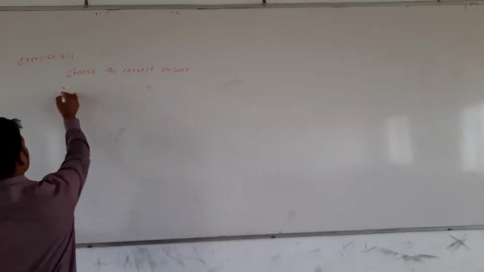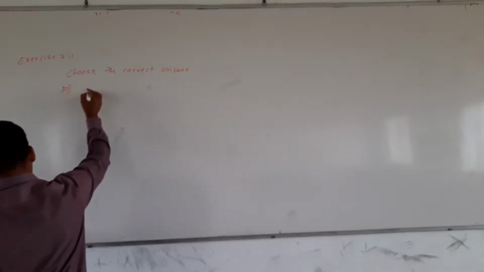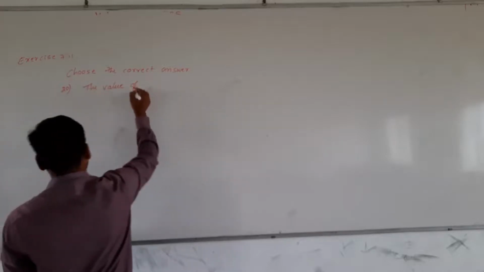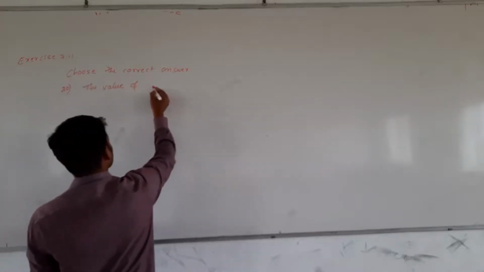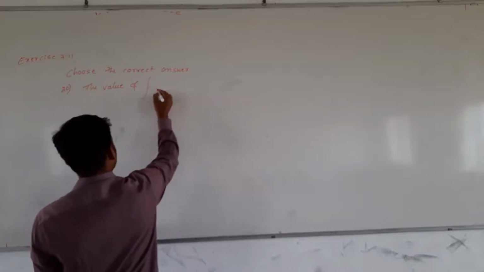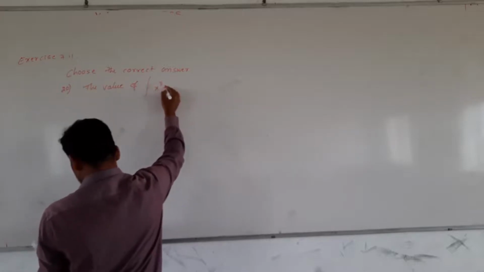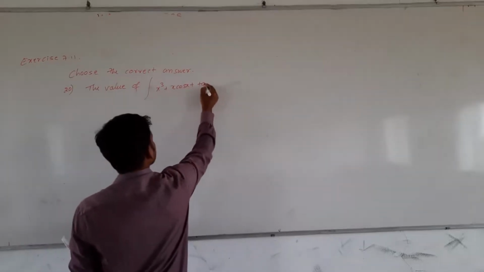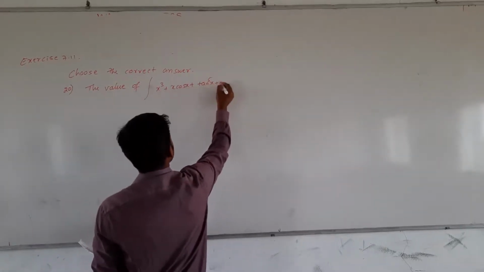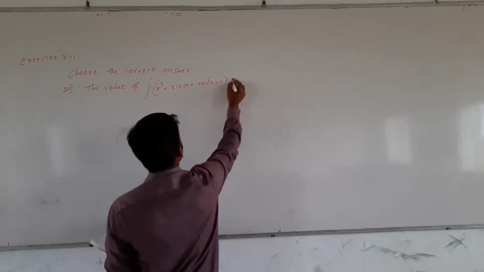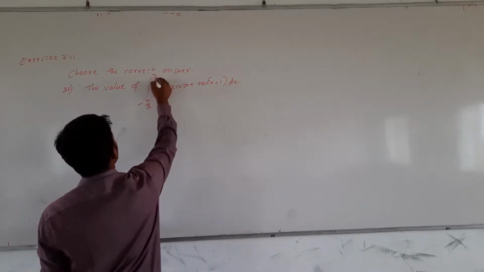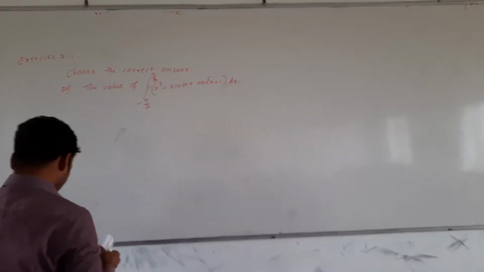Question number 20, it is given as the value of integration of x cube plus x into cos x plus tan raised to 5 x plus 1 into dx, where integration is from minus pi by 2 to plus pi by 2.